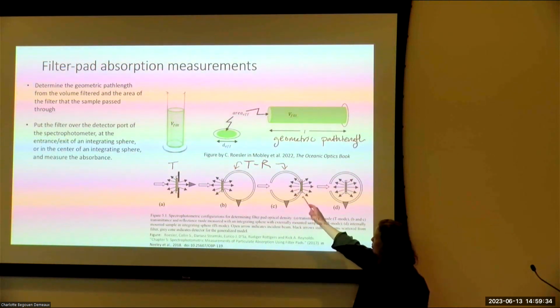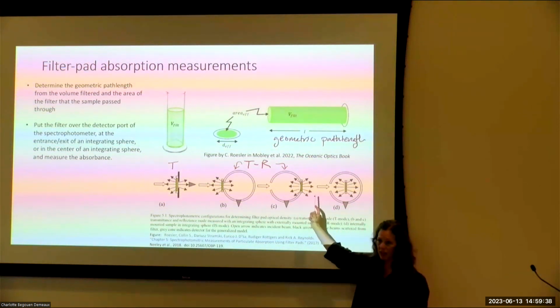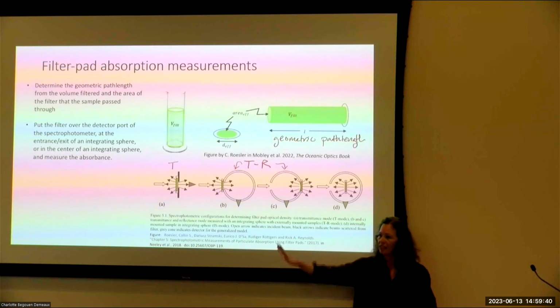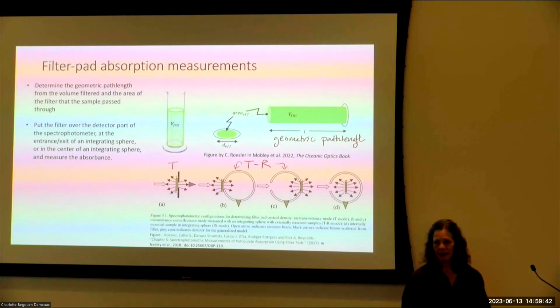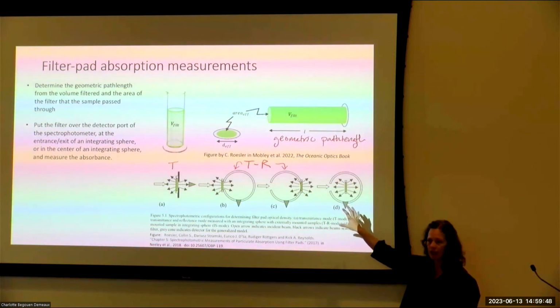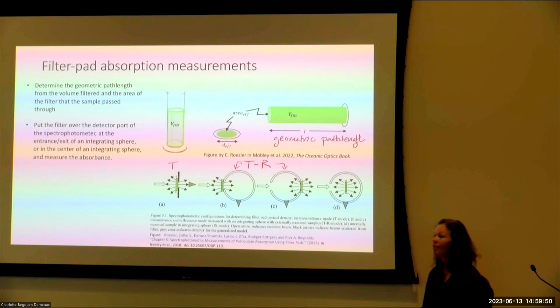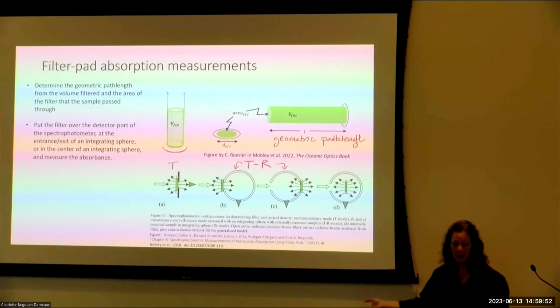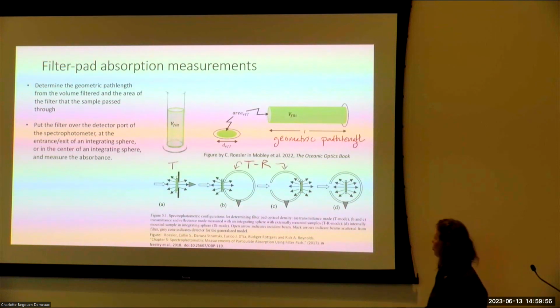Then you can put it at a port that's opposite the incoming light and measure the light that's reflected off the filter back into the integrating sphere. Using these two measurements in tandem, you can estimate the absorption by the filter. Again, you need a blank filter that has the same scattering properties but not the particles.